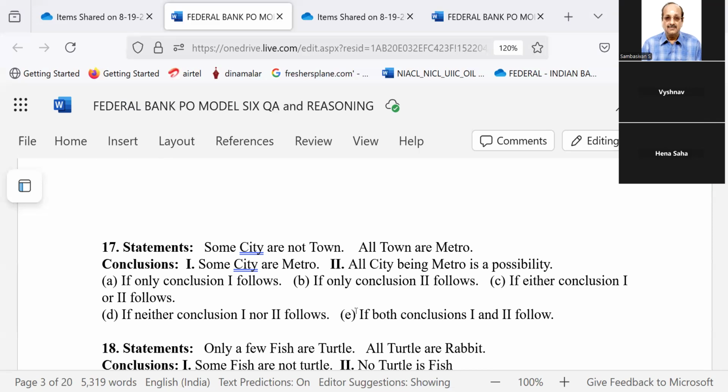Vaishnav, could you draw the answer? Sir, option E. Acha. Sorry, is it C?